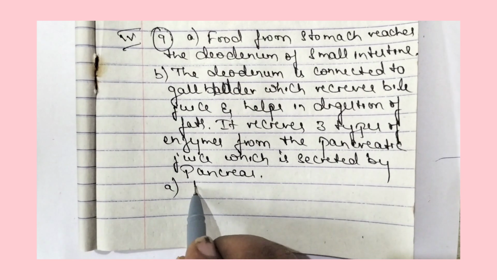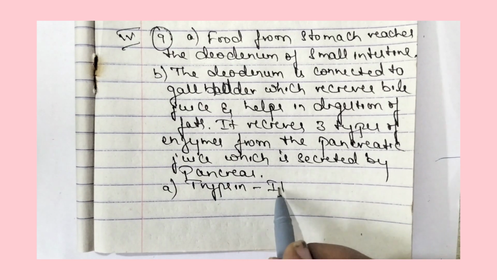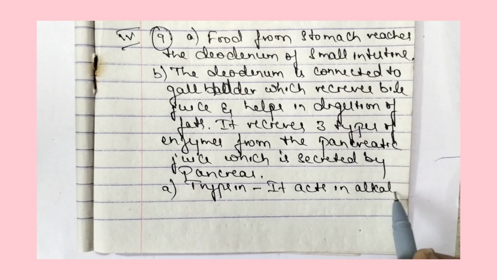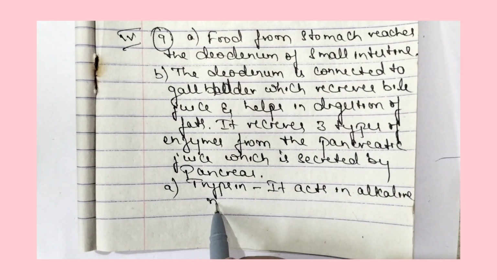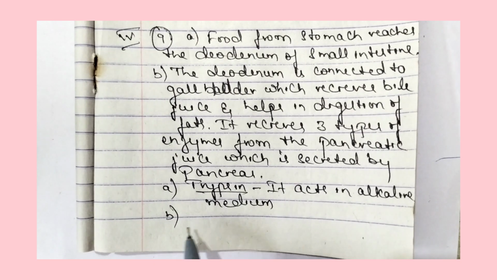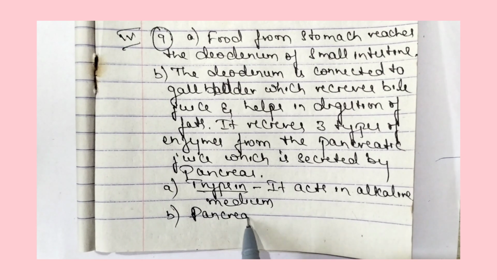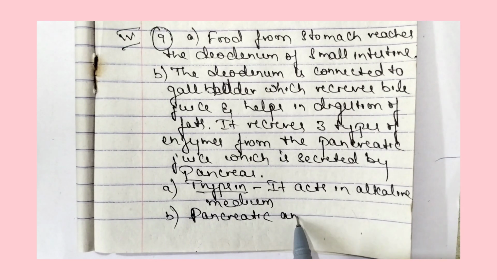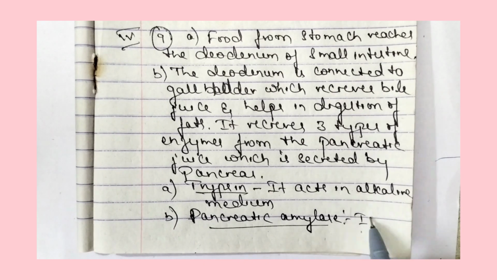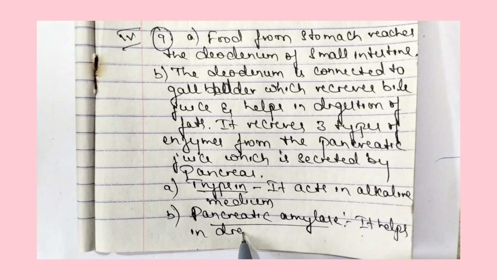The three types of enzymes are, one is trypsin. It acts in alkaline medium. This trypsin digests proteins. Second one is called pancreatic amylase.